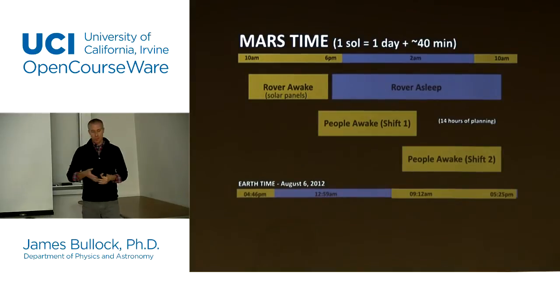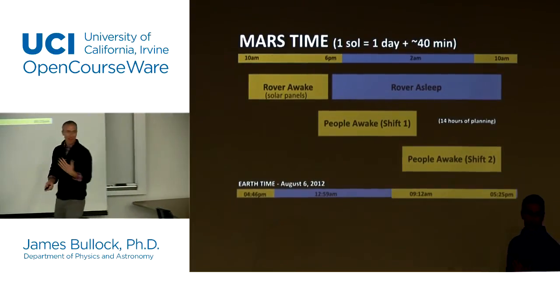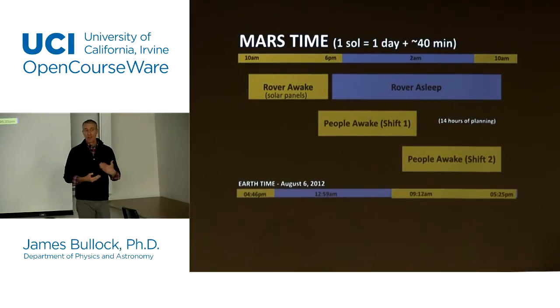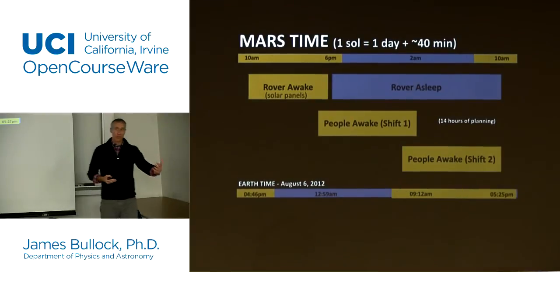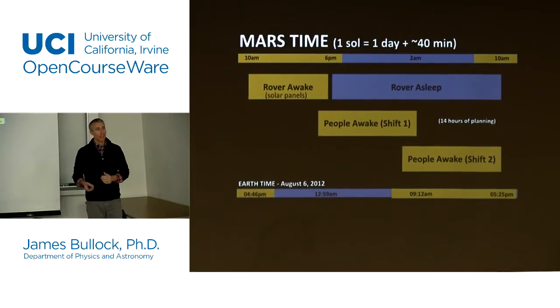And then the next day you see what it did and see what happened. So if a Martian jumps out in front of it, you can't react to that. We're not expecting that to happen. But if something crazy unexpected happened, you're not reacting in real time at all. You dial up what it's going to do for the whole next day, then you let it do that, and then you plan for the next day.